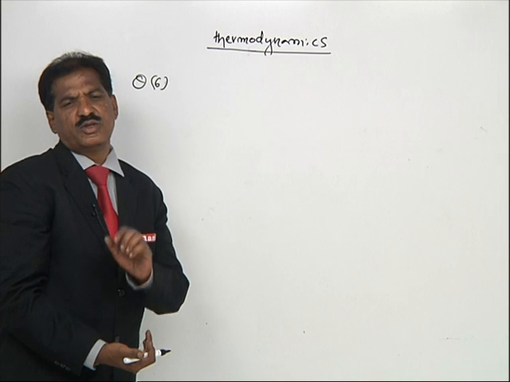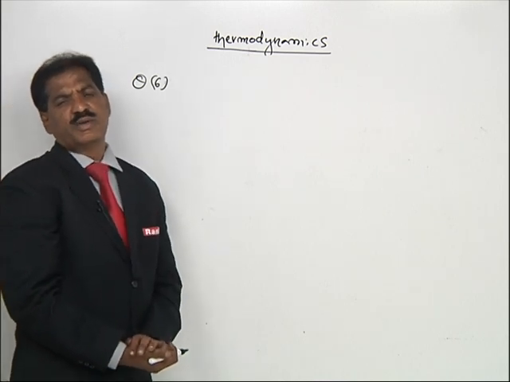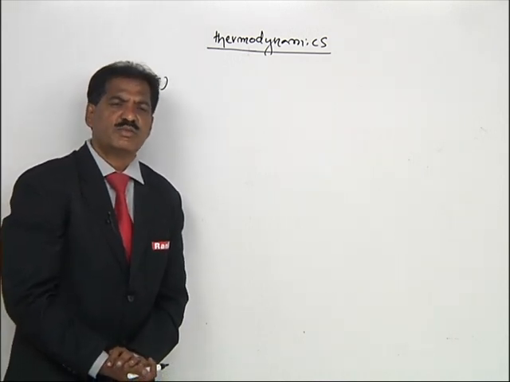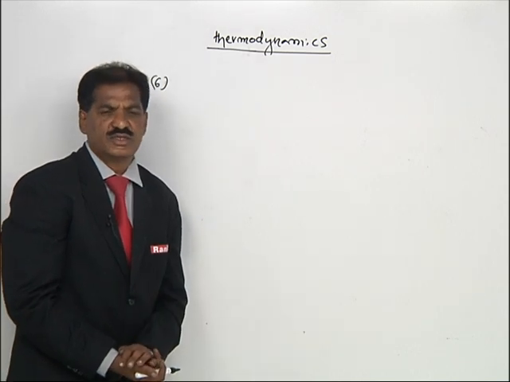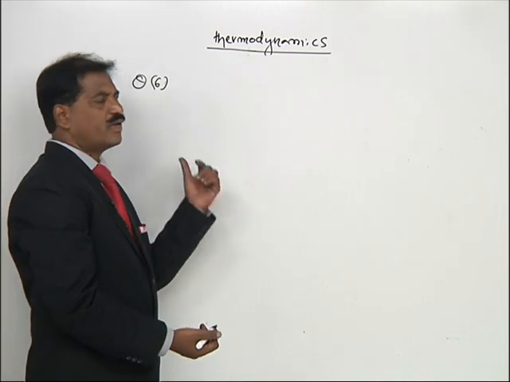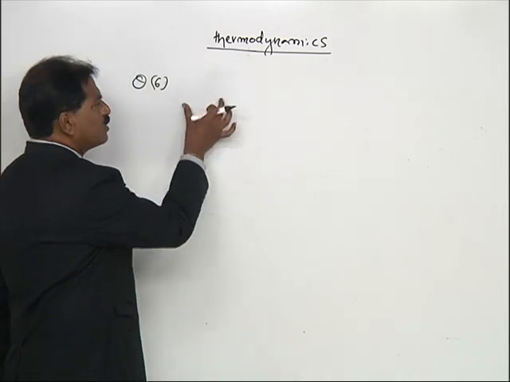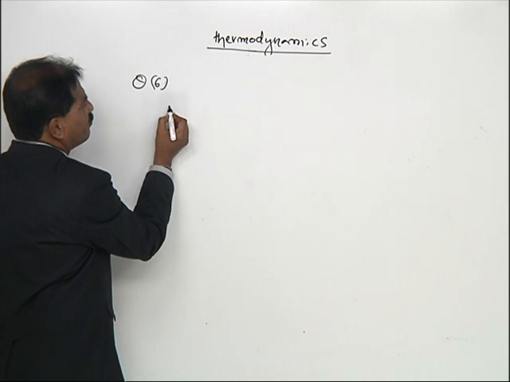Since ammonium hydroxide is a weak base, less heat is generated because of less degree of ionization. Hence, the heat of ionization can be calculated through the standard formula like this.